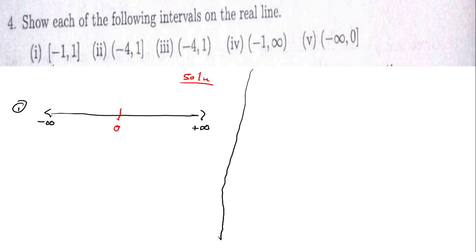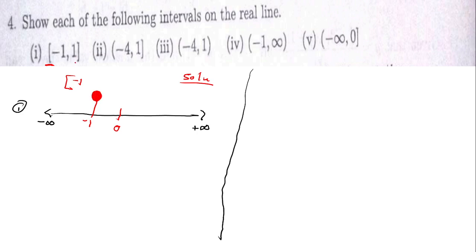Then you look at this bracket. It is a block bracket, and this type of bracket simply means that this -1 is part of the answer. So I'm going to put -1 there, and then I draw a line up. Since it's part of the answer, I'm going to use the shaded circle.